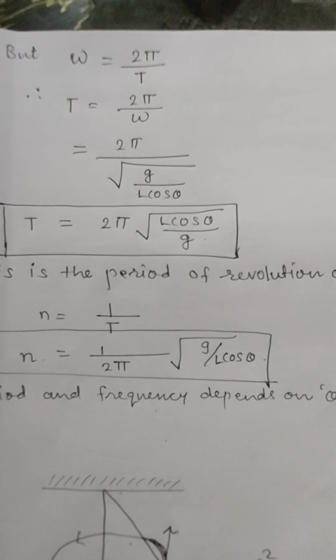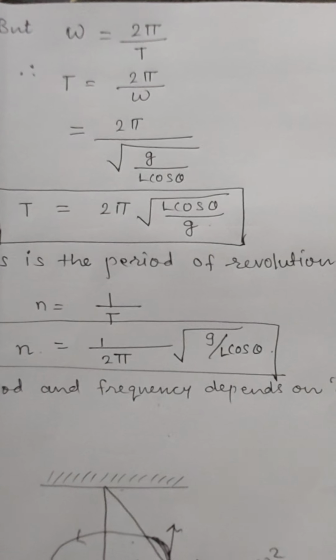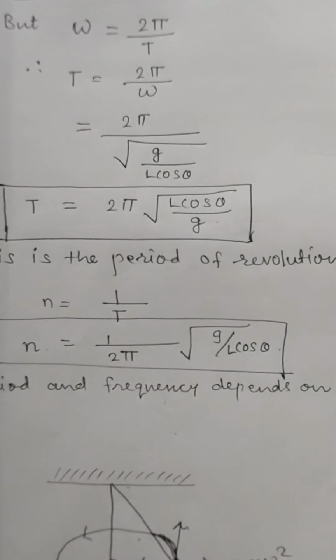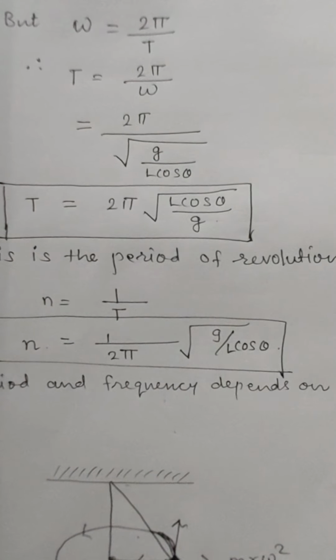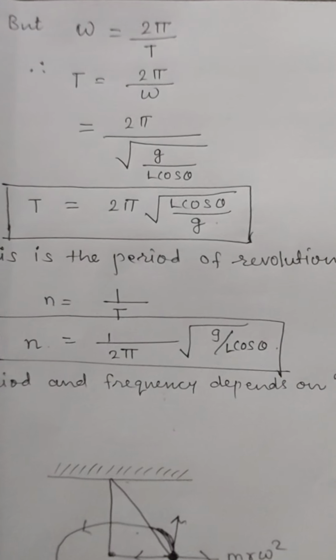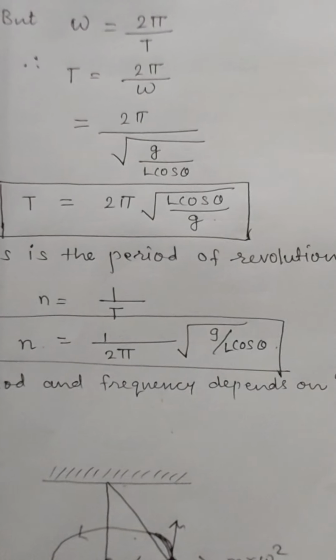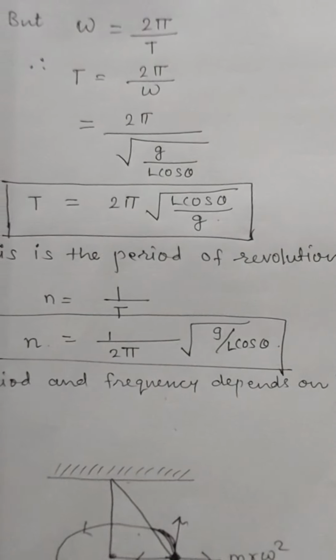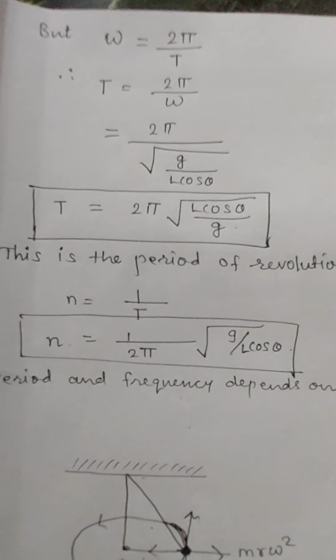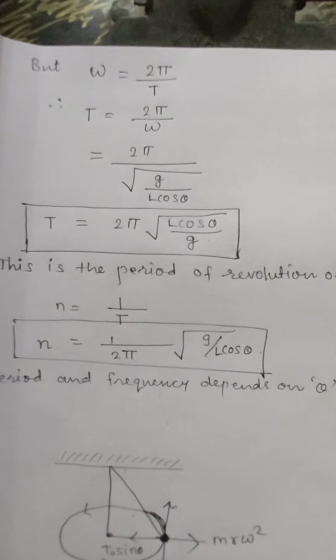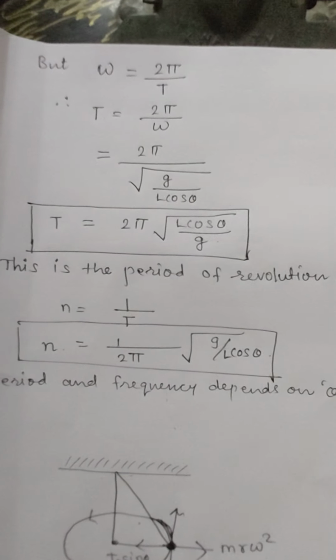Now substitute the value of omega from equation number 4. So we'll get 2 pi upon under root g upon L cos theta, which is equal to 2 pi into under root L cos theta upon g. Okay. So this is the formula to calculate the period of revolution of the bob.